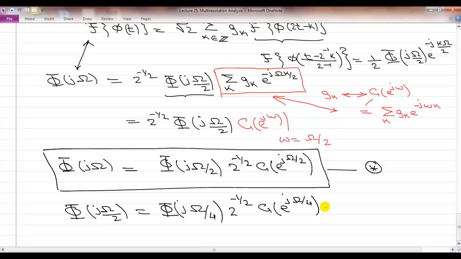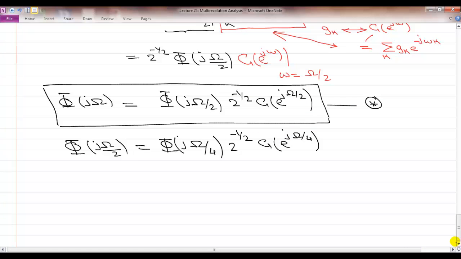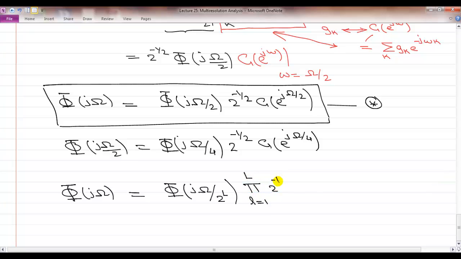So I can collect all of that together, and I can say that phi of j omega is, for example, equal to phi of j omega over 2 to the L times the product, this is the symbol for multiplication, over little l of 2 to the minus 1/2 g of e to the j omega over 2 to the little l.